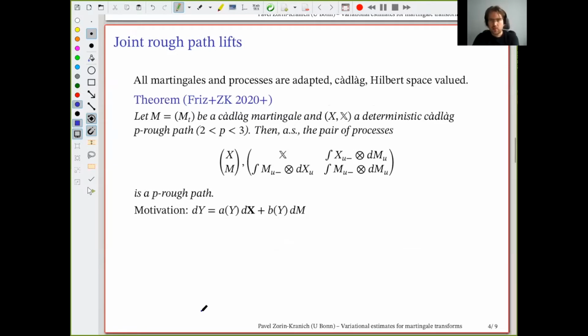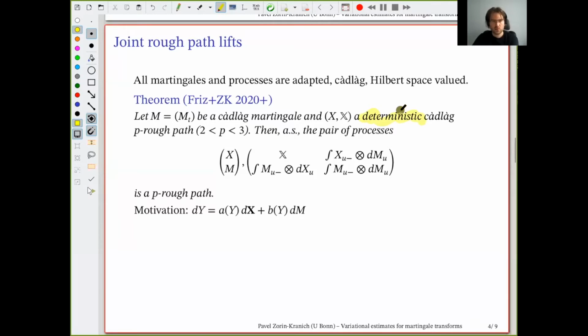Here is a newish result, which should be published soon. Now we start with a given deterministic geometric rough path, let's call it X, and the martingale. Now we can construct a joint lift of this pair to a geometric rough path. For this you need to specify the area terms of this process.